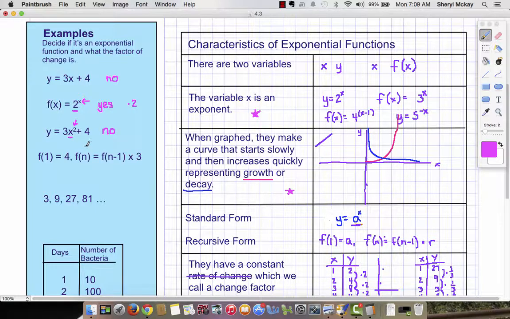It's actually called a quadratic function, which you'll learn about either at the end of this year or the beginning of next year. Quadratic functions are different. Quadratic functions actually look like U's or upside down U's. And remember, an exponential function is a steep incline like that. All right? So no, that is not an exponential function.